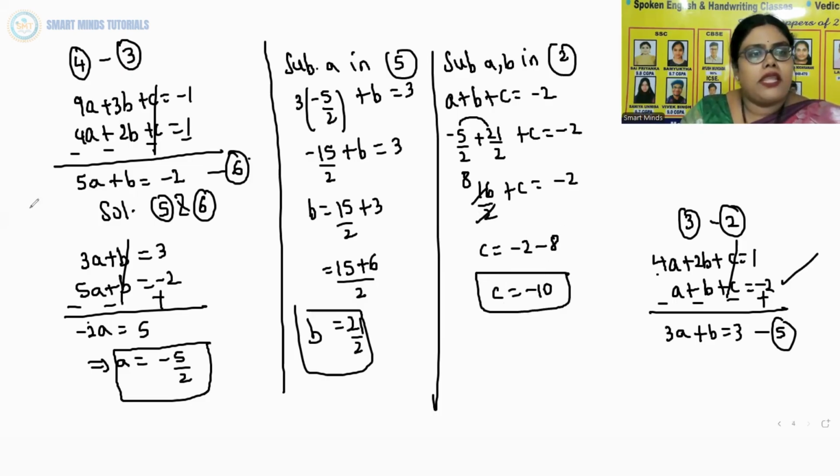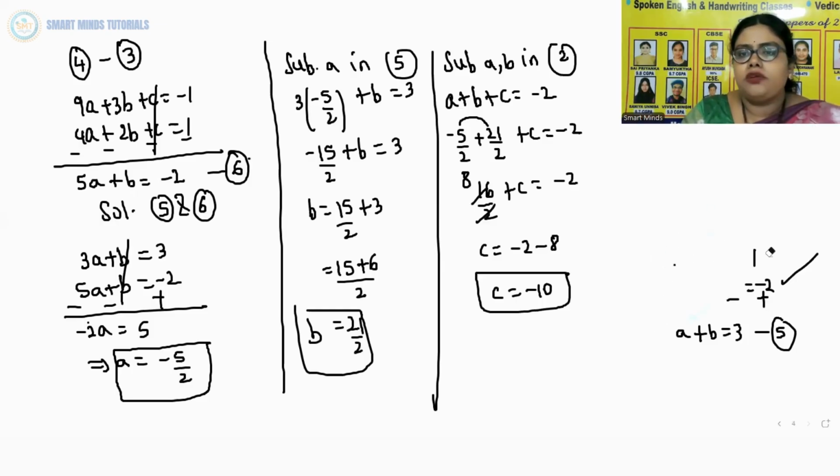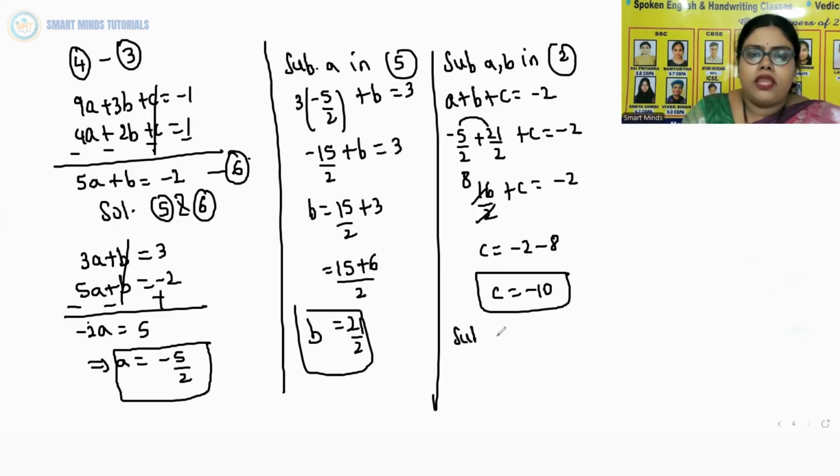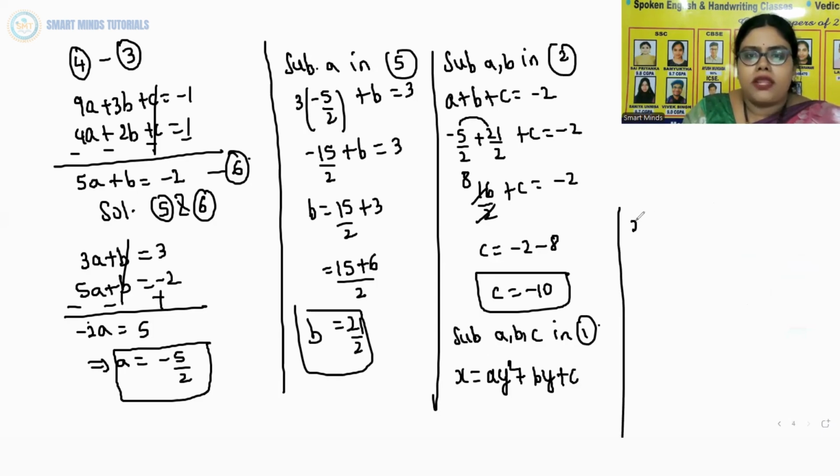Now after getting A, B, C values, we will substitute A, B and C in equation number 1, that is just the general equation. What is equation number 1? X is equal to AY square plus BY plus C. Let us substitute here. X is equal to A is -5/2 y square, B is 21/2 y and C is -10.